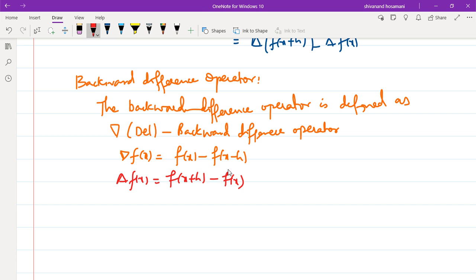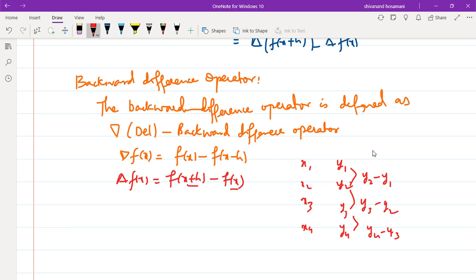Please see the difference. In the forward difference, we are taking x plus h and f of x. If there is a table, say x1, x2, x3, x4, and corresponding y1, y2, y3, y4, the forward difference is the difference between y2 and y1, the difference between y3 and y2, the difference between y4 and y3.